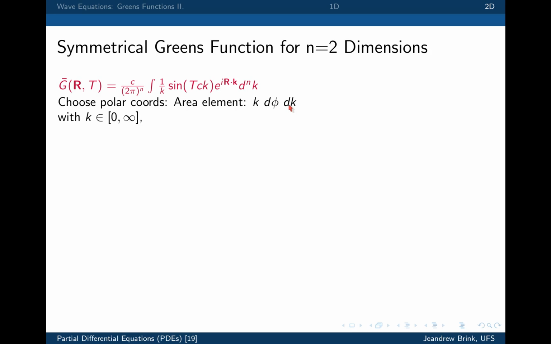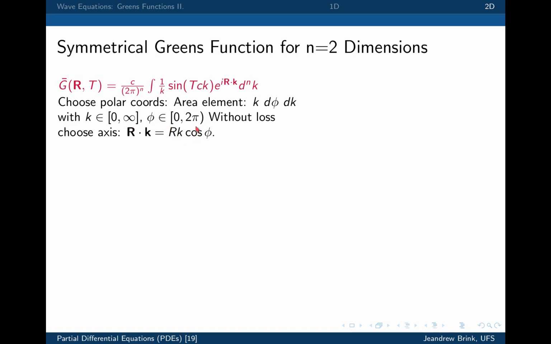Okay, k goes from 0 to infinity, phi goes from 0 to 2 pi, and we're going to choose the axis, which I can do just to make the problem easier, so that the dot product r dot k is equal to rk cos phi. If you didn't do that, you would have a phi 0, which is the zero part of the axis, but I've just left that out.